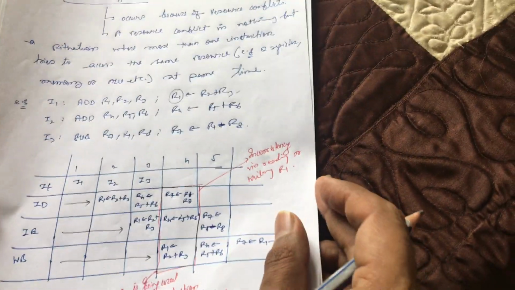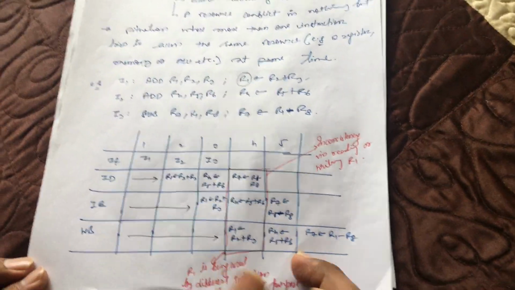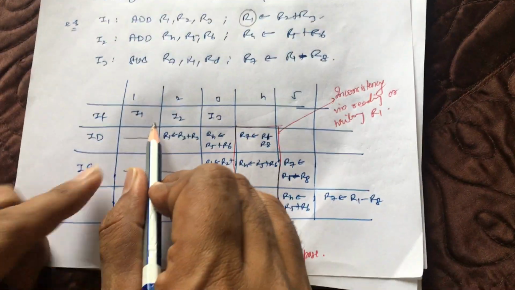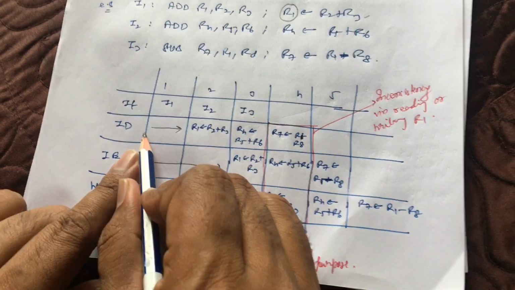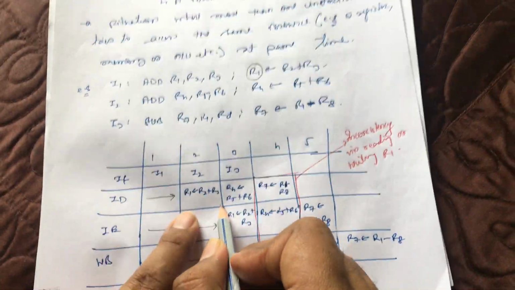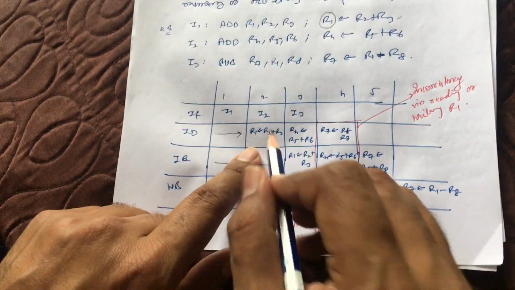If I draw the timing diagram, the execution cycle of these instructions, after first fetching these 3 instructions I1, I2, I3, then we decode the first instruction. In pipelining the sequence is this one.